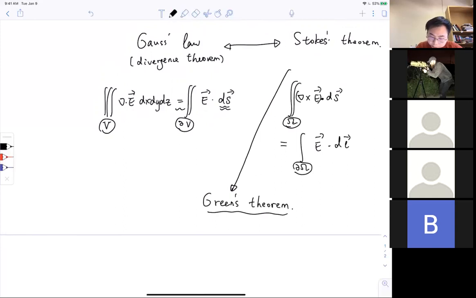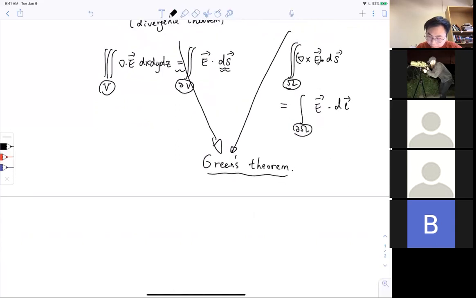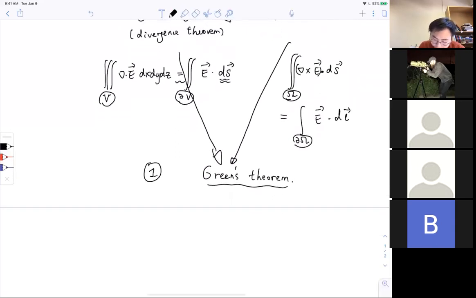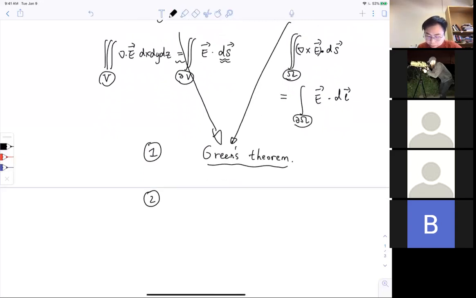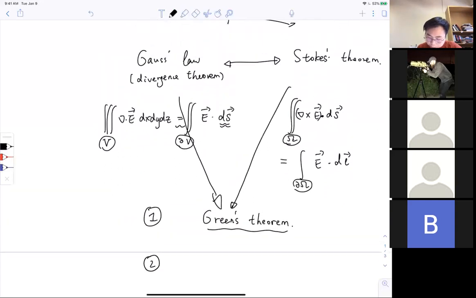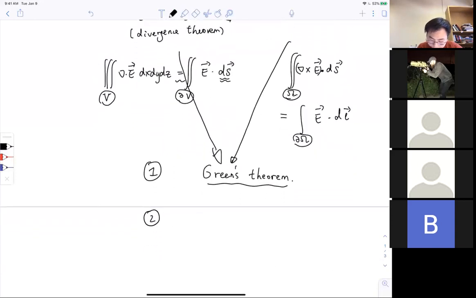And since Gauss's law is kind of equivalent to Stokes theorem, we can also get Green's theorem from the divergence theorem. That is the first thing we will talk about. The second thing is the conditions: when can we apply these theorems? The assumptions.